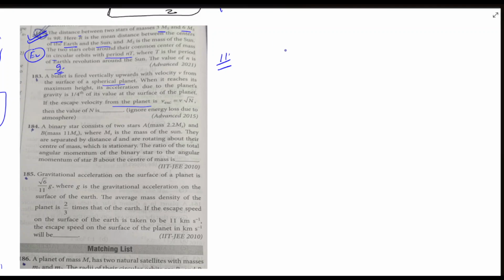Okay, so look, it is thrown upward with the speed v, and what happens is when it reaches the maximum height, the velocity is 0. Let's say it is h. The gravitation g here, g dash, will be g by 4. Okay, so let's use the energy conservation.